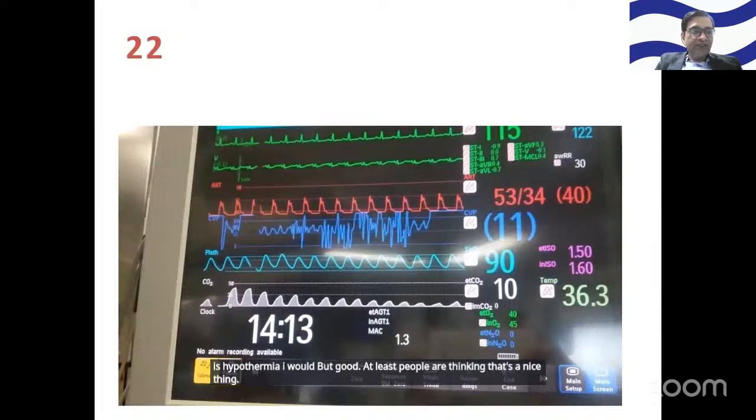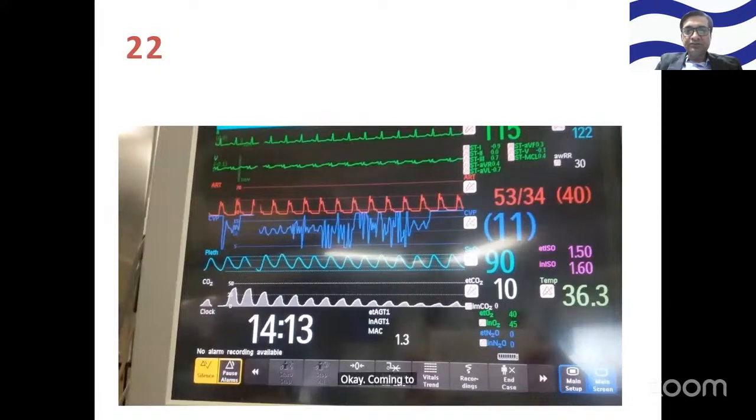Okay, coming to this one, what could be the diagnosis? So embolism. Again, this is a pediatric patient. 115 is the heart rate, 53 by 34 is probably routine pressure for him.